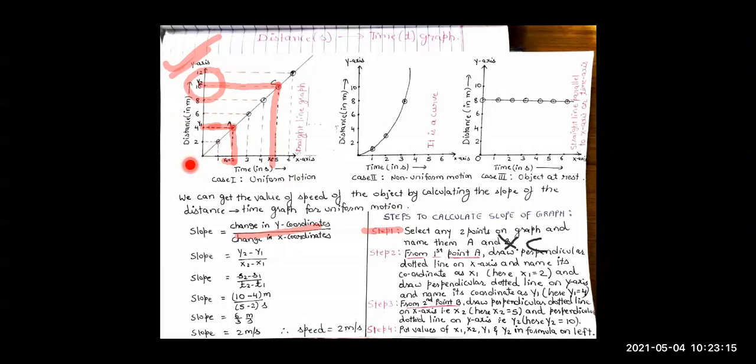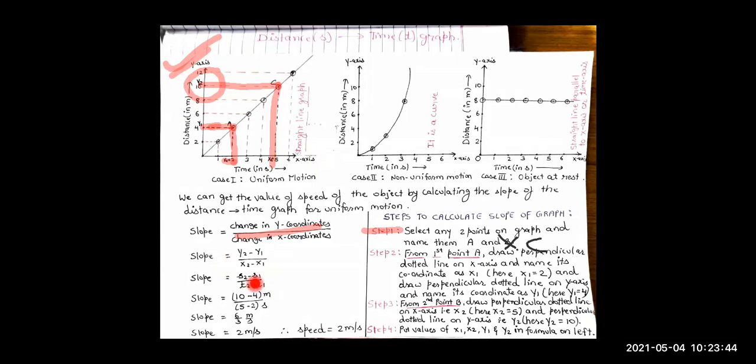So change in y can be written as y2 minus y1 and change in x can be written as x2 minus x1. Now, on the y-axis you have distance, denoted by s, so it is s2 minus s1. On the x-axis we have time, so it is t2 minus t1.